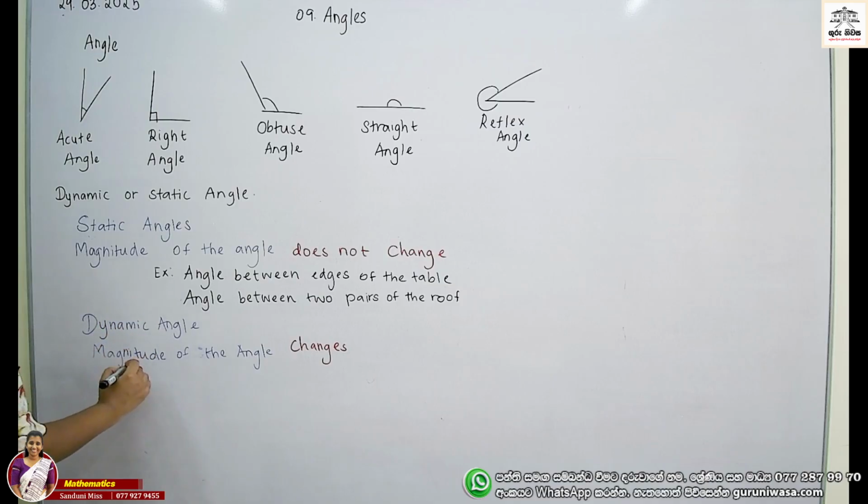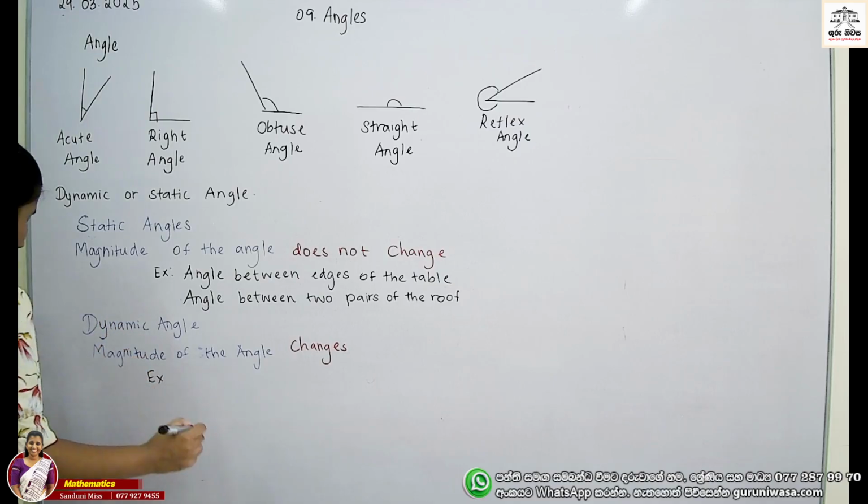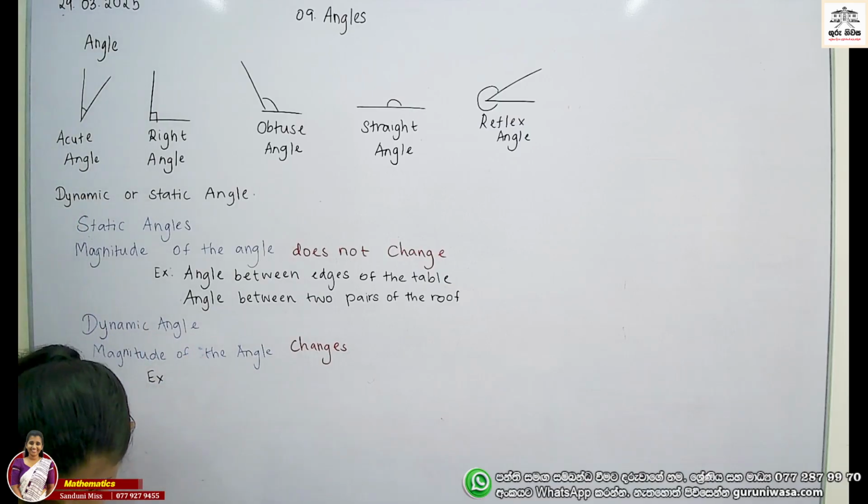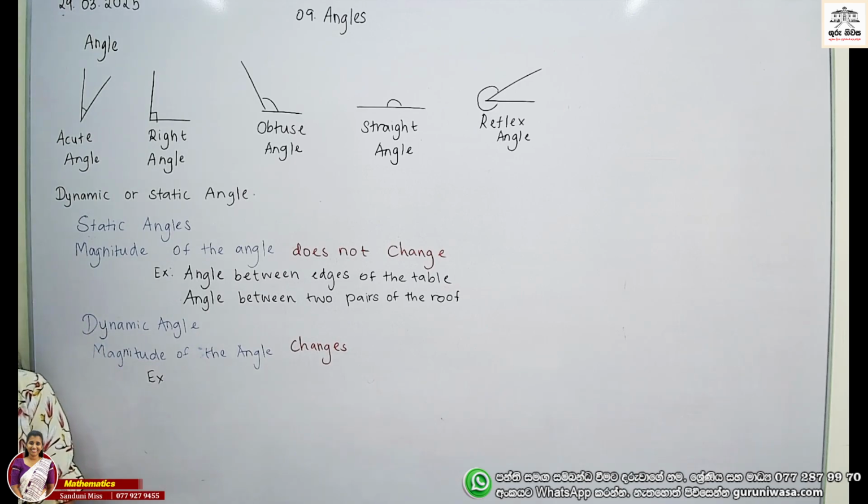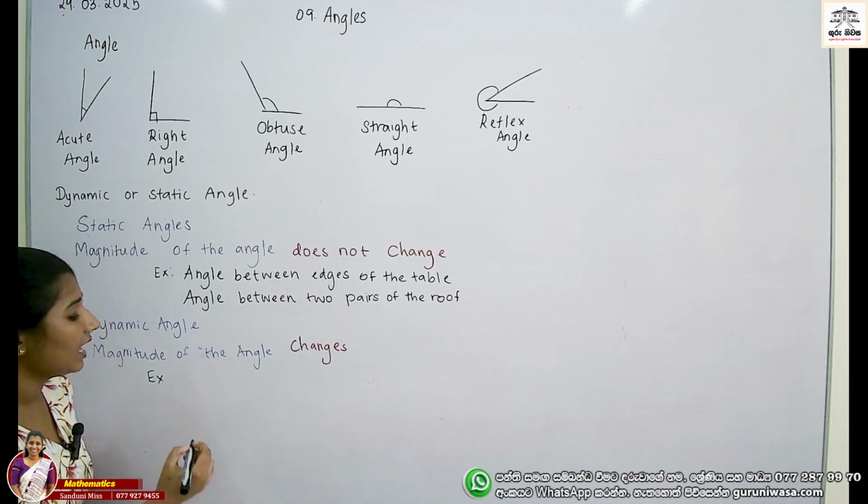So what are the examples? We have the angle between the hands of a clock.